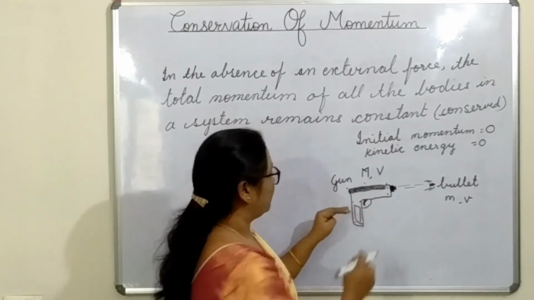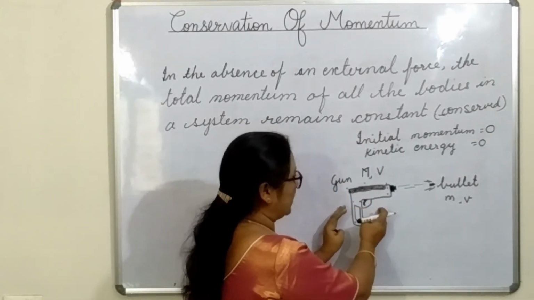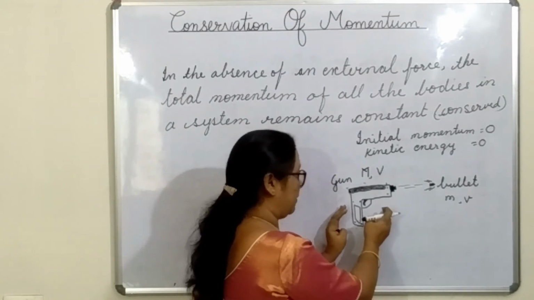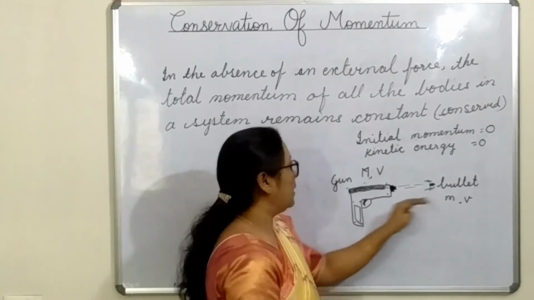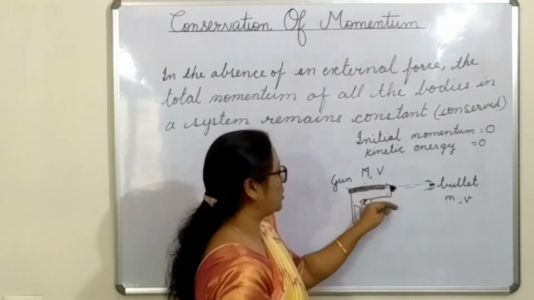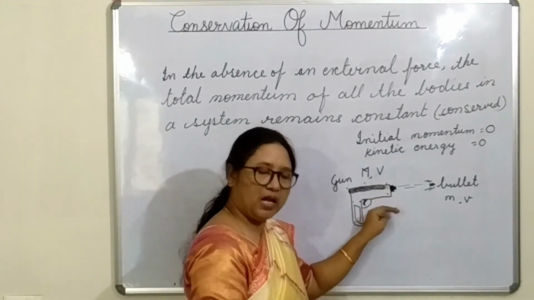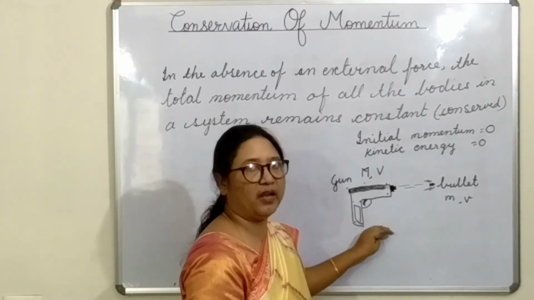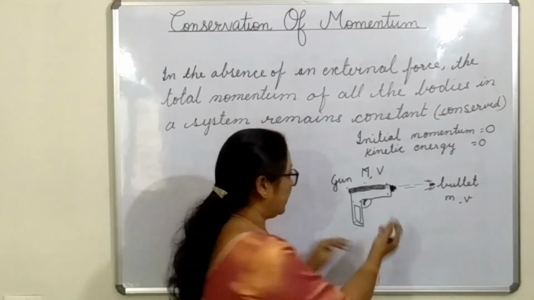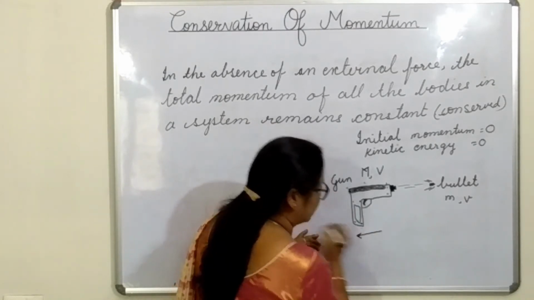The mass of the gun is quite large as compared to the mass of the bullet. Because the mass of the gun is high, it will move with a very small velocity in the opposite direction.